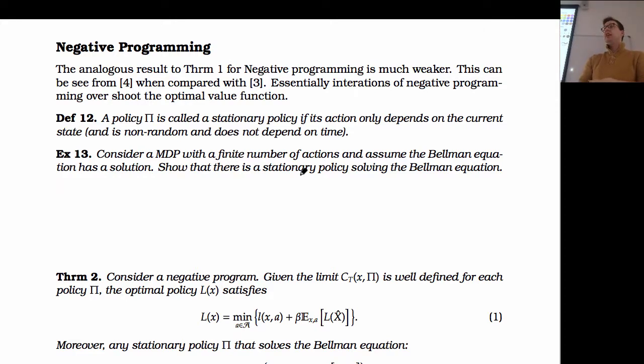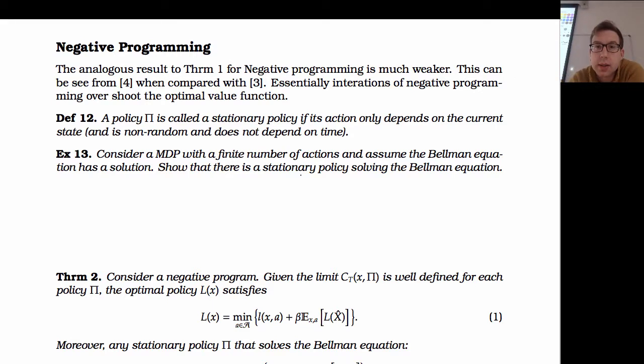You'll see it in an example in the course, of a kind of stopping problem where satisfying the Bellman equation doesn't imply optimality, and that's because it's a negative program. We can't guarantee that solving Bellman's equations for negative programs implies optimality of the policy. So we have to be a little more careful how we state things.